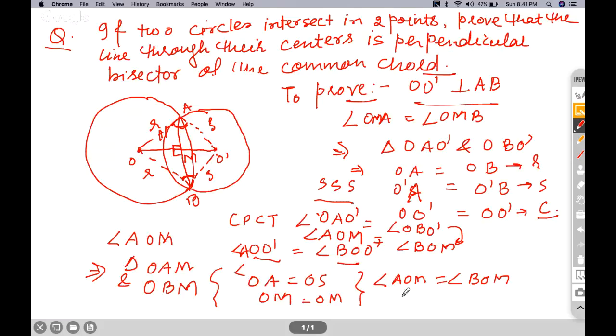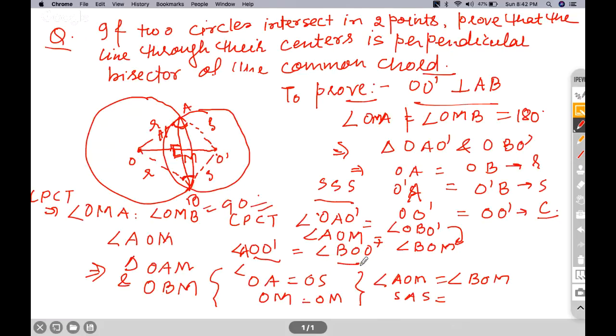So I have side angle side congruency, and from that by CPCT I can write that angle OMA is equal to angle OMB, and they both are equal, and their addition would be equal to 180. So you can write that this is equal to 90 degrees. As simple. Now let me give you another question.